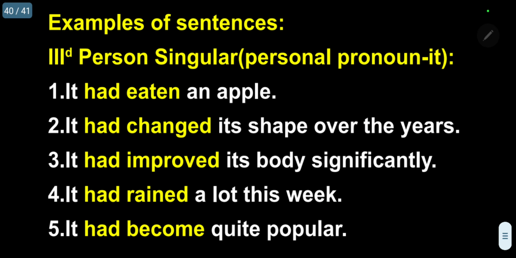Okay. So now let me give 5 examples covering all. First one, it had eaten an apple. A non-living thing will not eat an apple, so think of a living thing, I can simply say monkey. You can think of it standing for monkey. Monkey had eaten an apple. So it had eaten an apple.